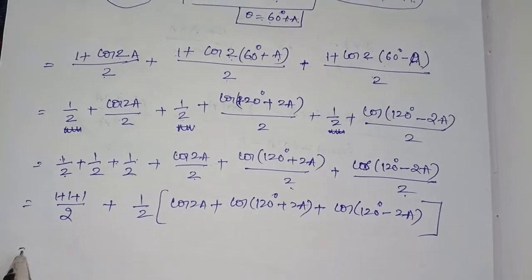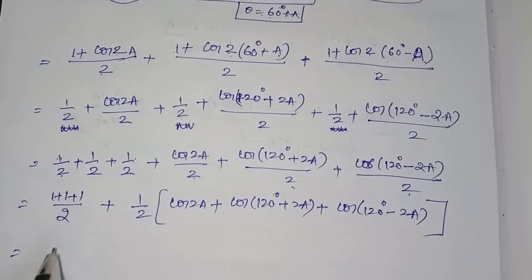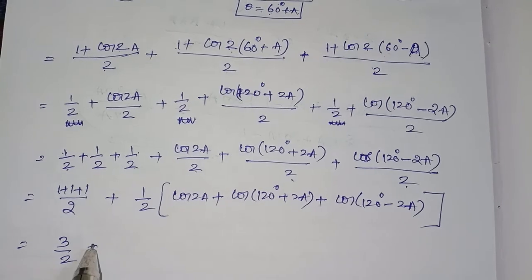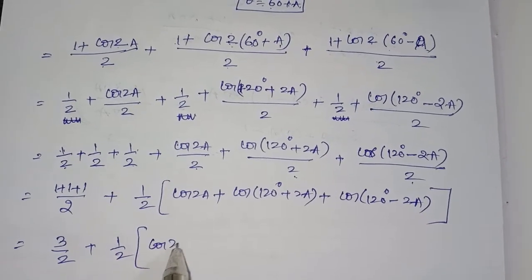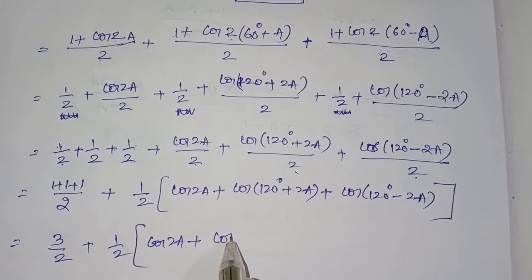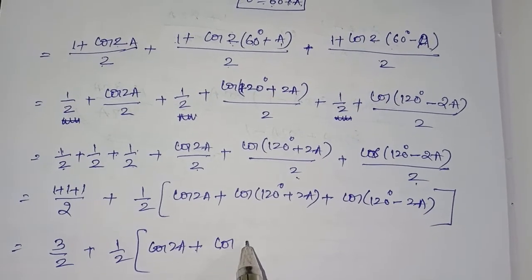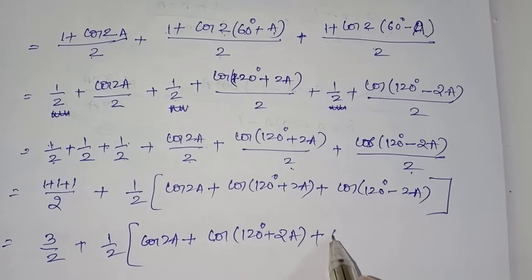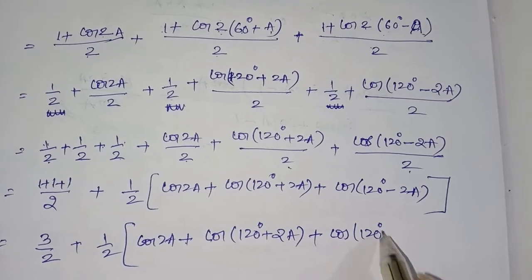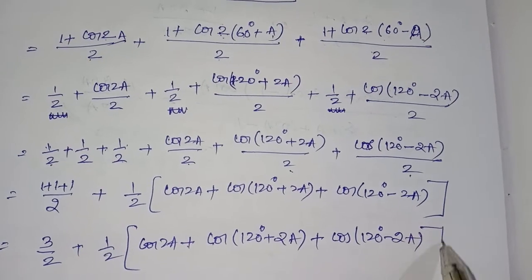So 1 + 1 + 1 is 3/2, plus 1/2 times (cos 2A + cos(120° + 2A) + cos(120° − 2A)).